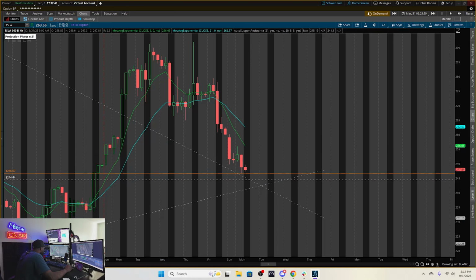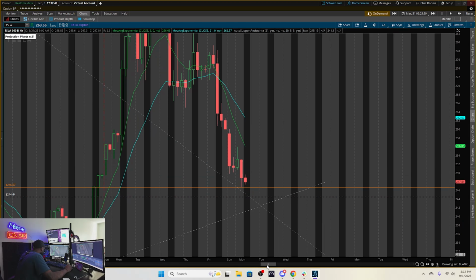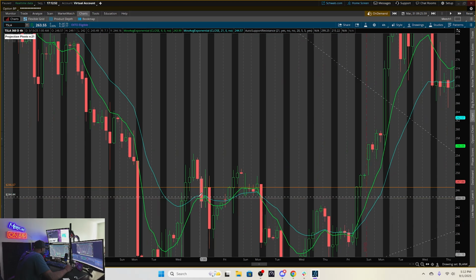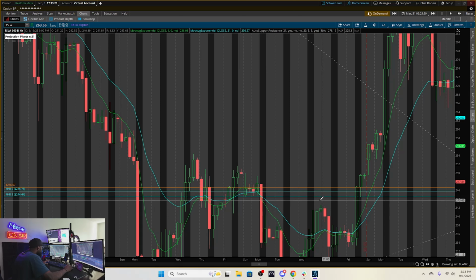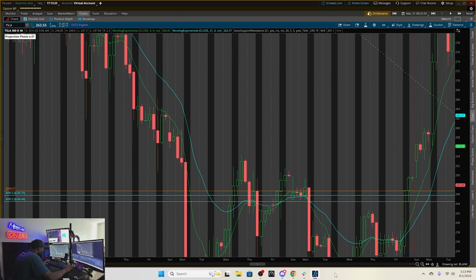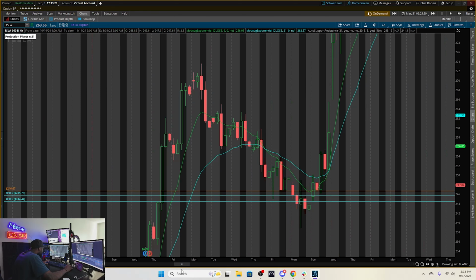First support is at 244.44. It's $2 away. Doesn't seem right. Should be another one nearby. Okay. 245.75, much better. 4-hour support. See what we have in this area.